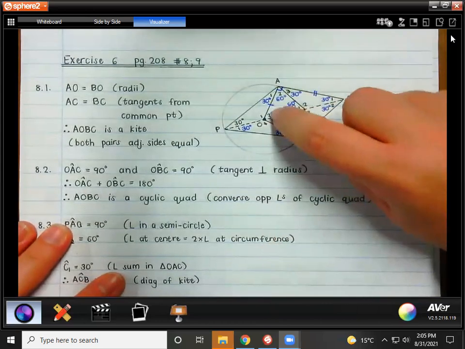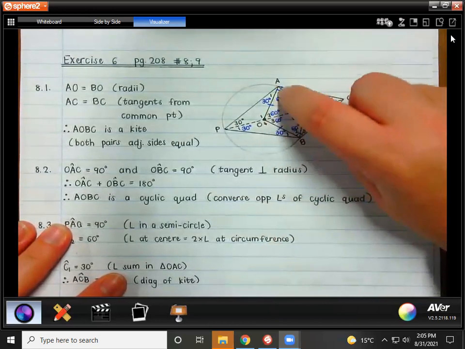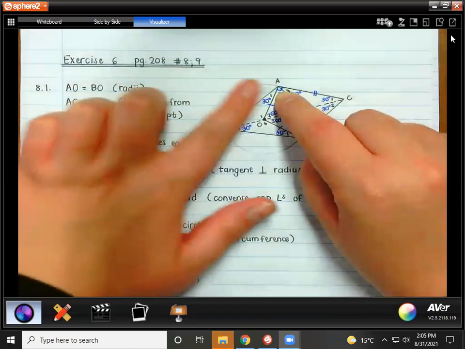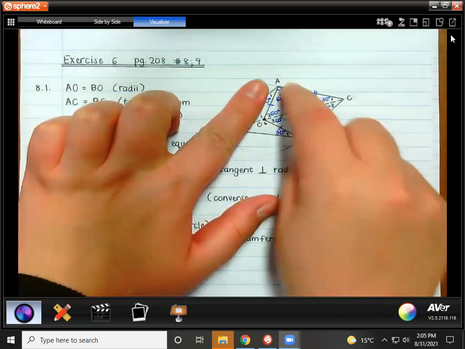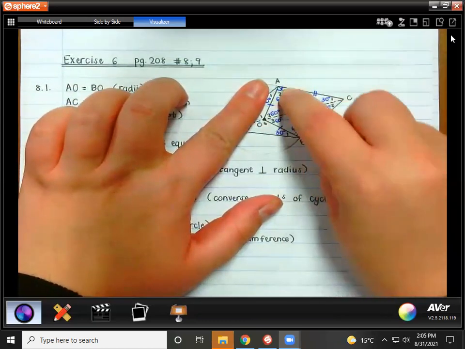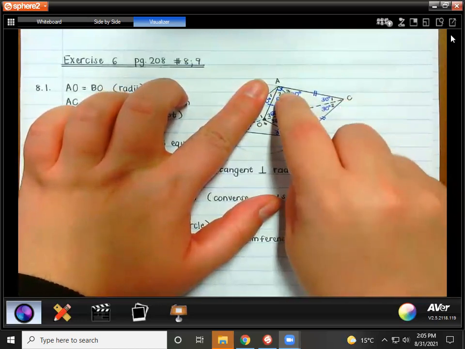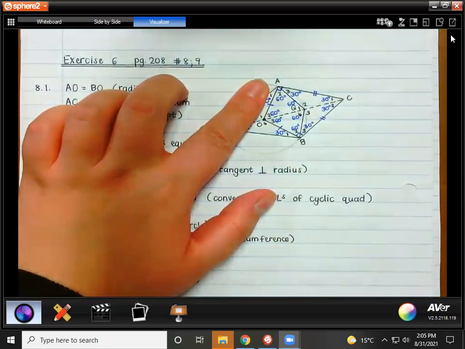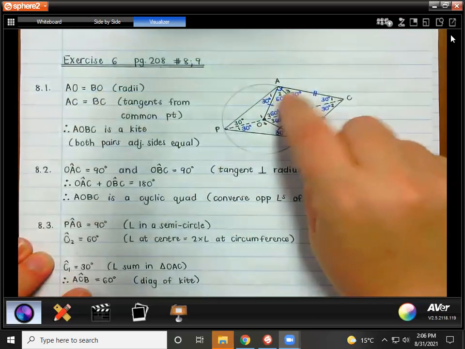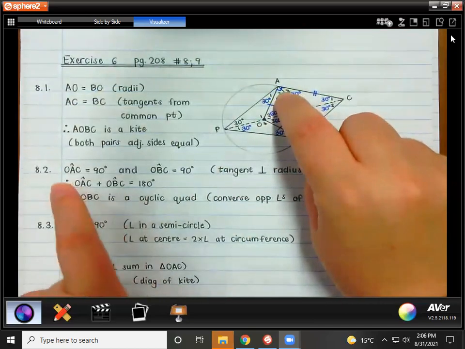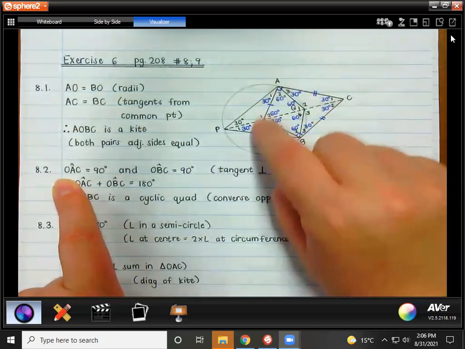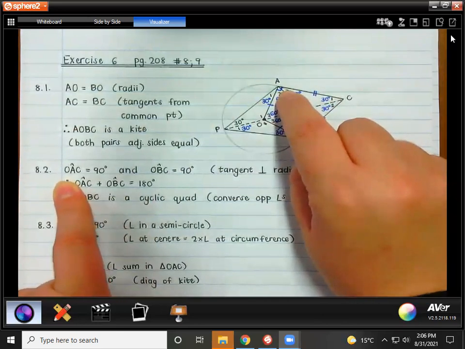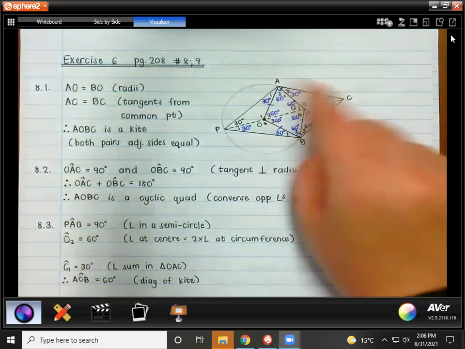Now guys, here we have a radius, AO is a radius, and there we have a tangent. And what do we know about a radius and a tangent? They are always perpendicular. Remember, tangent perpendicular to radius. So that angle there, angle A2 and A3, I just wrote OAC for that angle. That angle is definitely 90 degrees because it's a radius and a tangent.